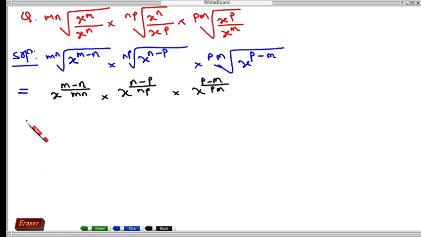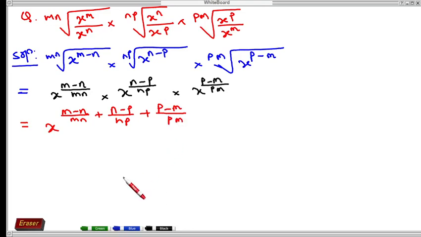Then all are powers of x, that's why we can add: x to the power m minus n by mn plus n minus p by np plus p minus m by pm.